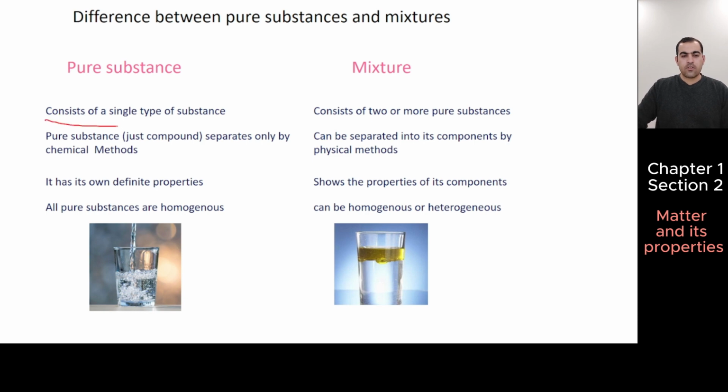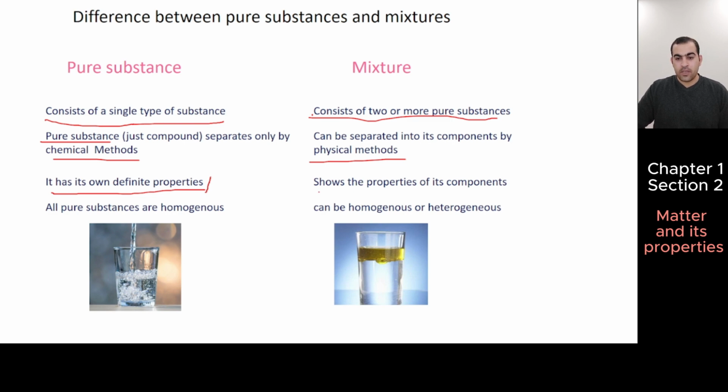A pure substance consists of a single type of substance, but mixtures consist of two or more kinds of substance. A pure substance, just a compound, can be separated only by chemical methods. Mixtures can be separated into their components by physical methods, because there is no bond between them. A pure substance has its own distinct properties.